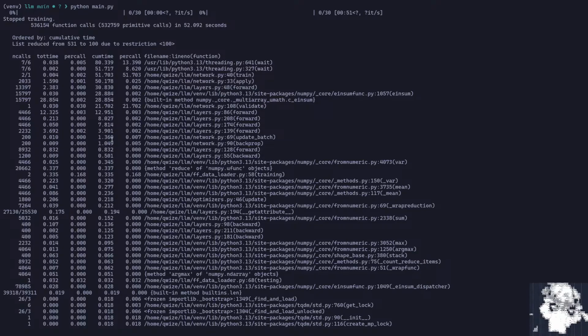How is that possible that we're spending a total of 1 second in update batch and 30 seconds in einsum? So most of our einsum work is going into the validation? It doesn't make sense.